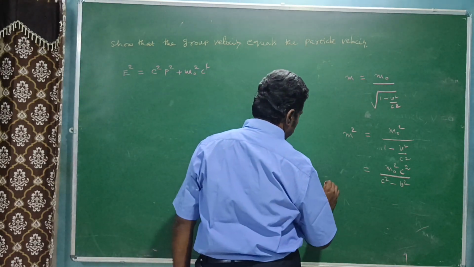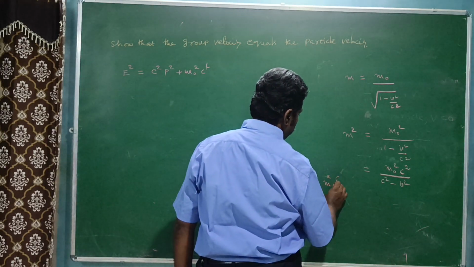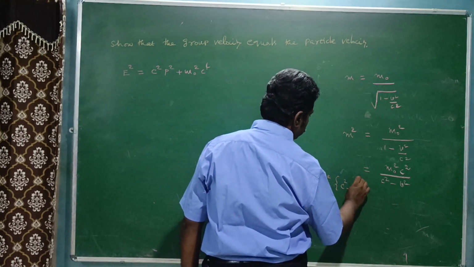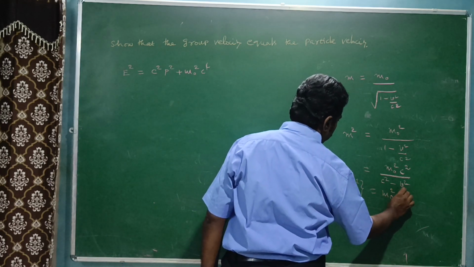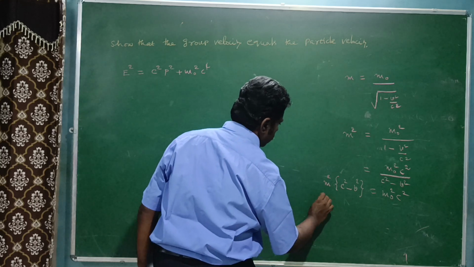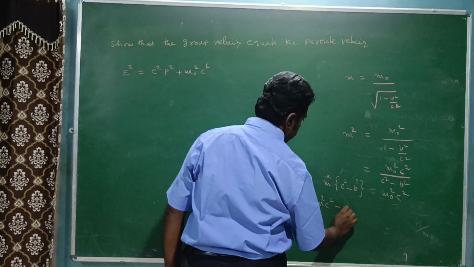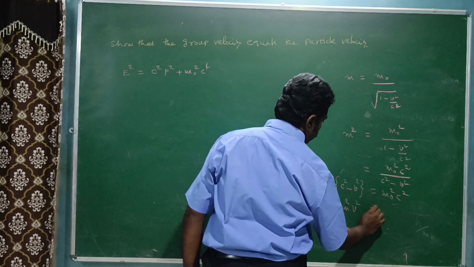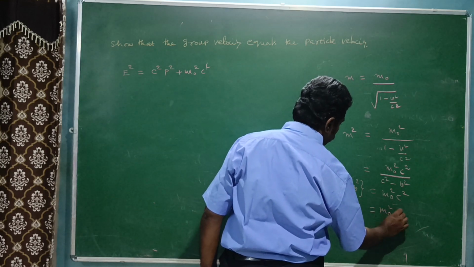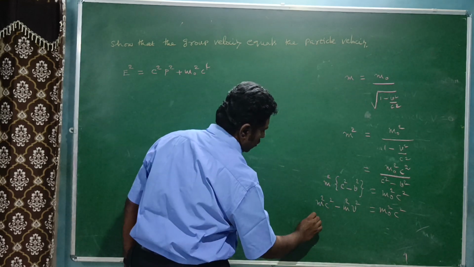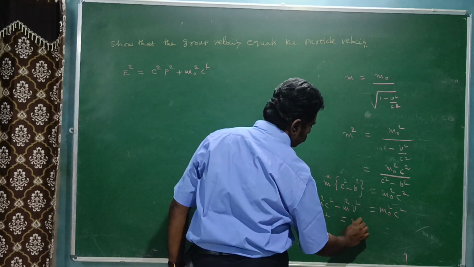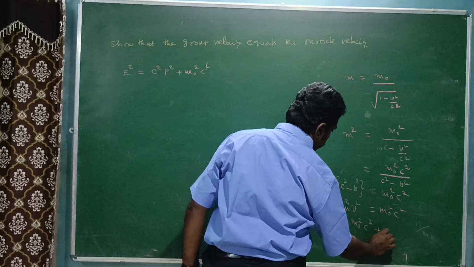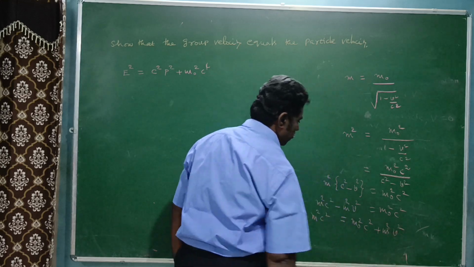Now cross multiply: m square into c square minus v square is equal to m0 square c square. m square c square minus m square v square is equal to m0 square c square. m square c square equal to m0 square c square plus m square v square.